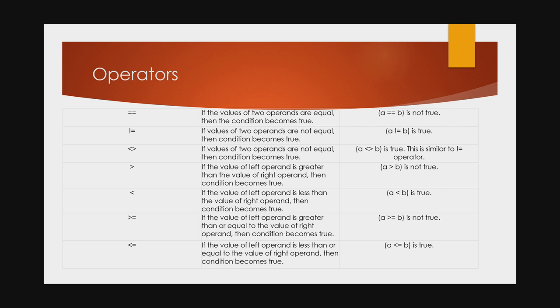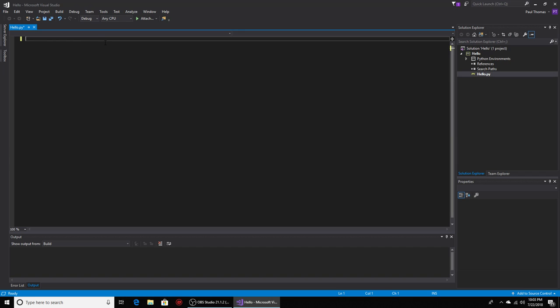All right, so now that we're back, and I went over a brief bit about operators, we can go ahead and get into them. Let's start off with something easy. We'll say print 1 equals 1.